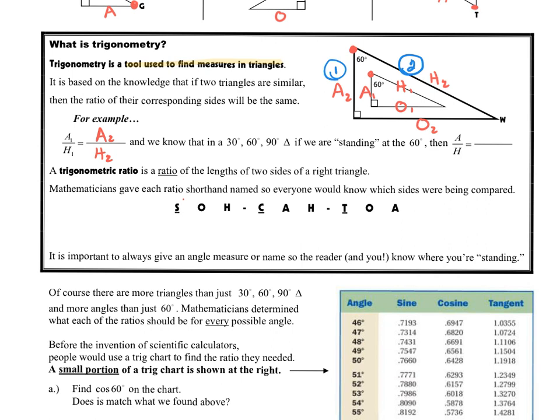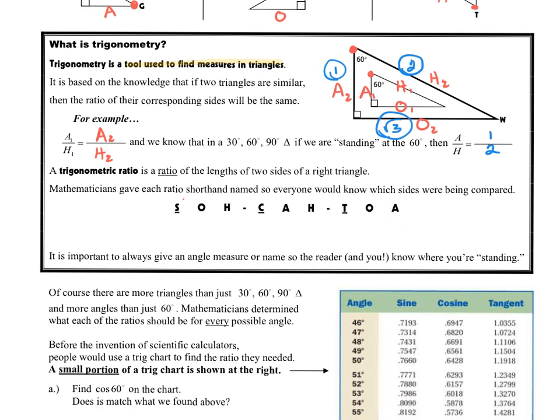And then the long leg we would label as a square root of 3. Which means that if we wanted to continue thinking we're standing at the 60-degree angle, then no matter which triangle we're looking at, if we compare the adjacent leg to its hypotenuse, what we would get is a 1 over a 2, okay? Now, what we know is that's going to be true for any 30, 60, 90 triangle.